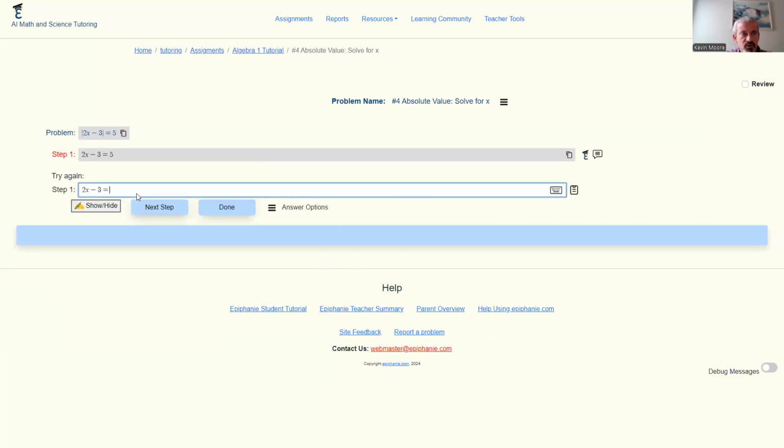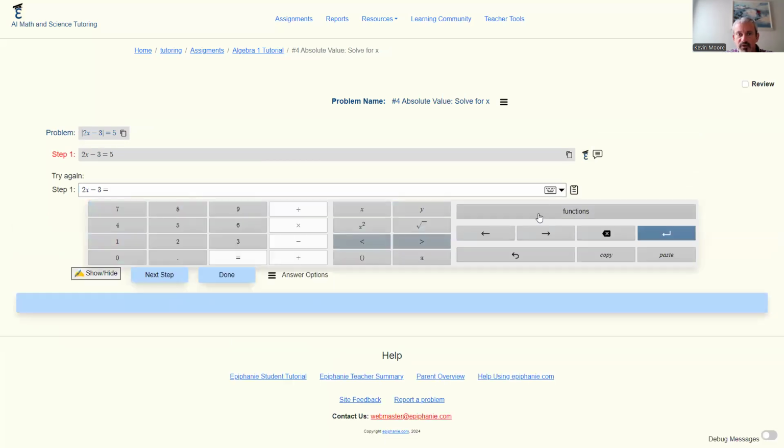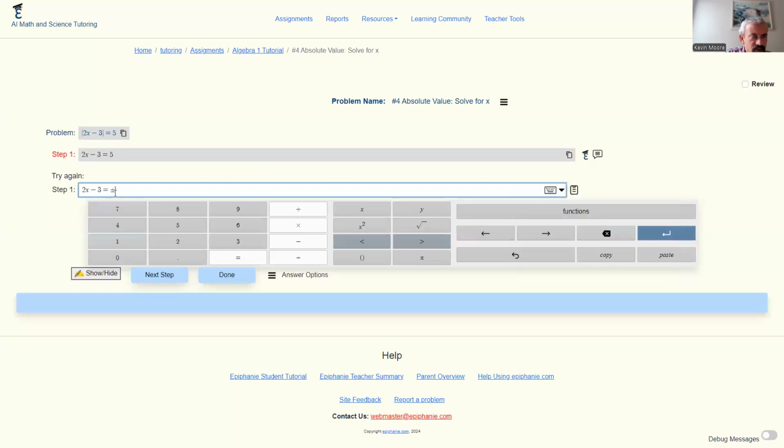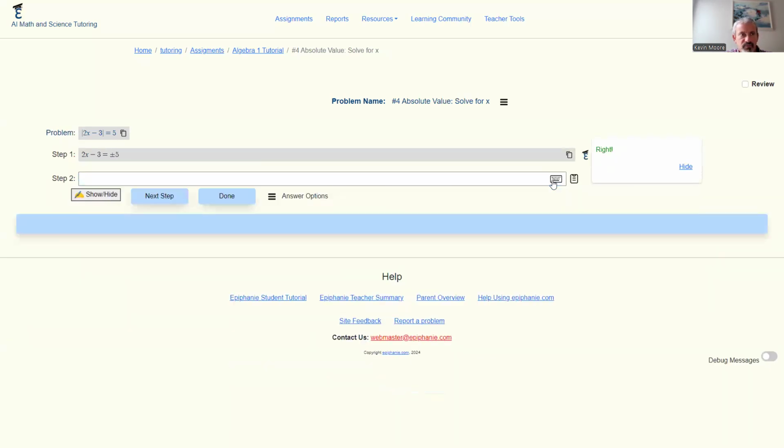Absolute value of 2x minus 3 equals, again, we have that plus or minus symbol right here on the GUI under functions, the algebra functions, plus or minus. This equals plus or minus 5. And I can continue like that. Or I can also enter this with the shortcut, 2x minus 3 equals 5 or negative 5.